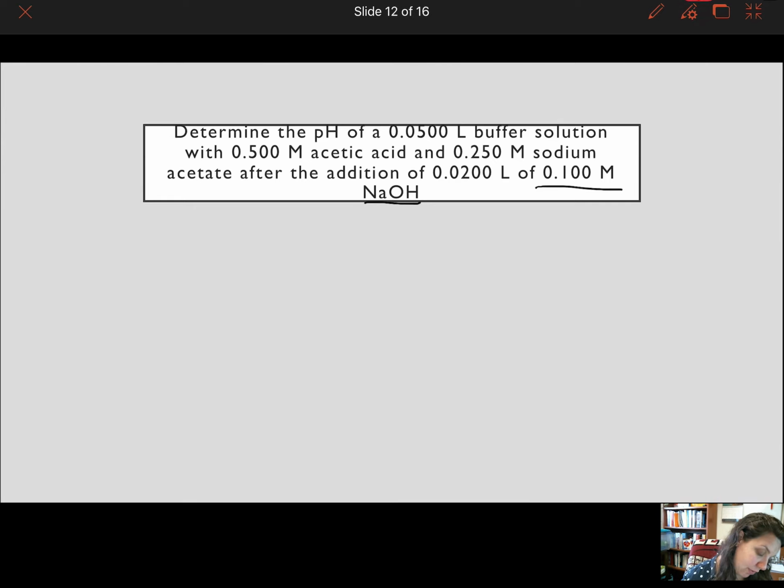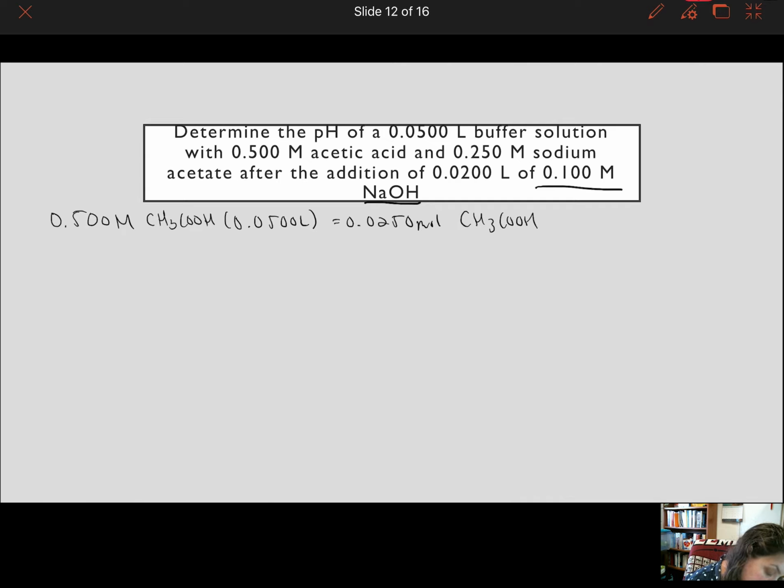So let's first convert into moles. We have 0.500 molar acetic acid, and we have a buffer solution of 0.0500 liters, so we get 0.0250 moles of our acetic acid, and we have 0.250 molar sodium acetate.